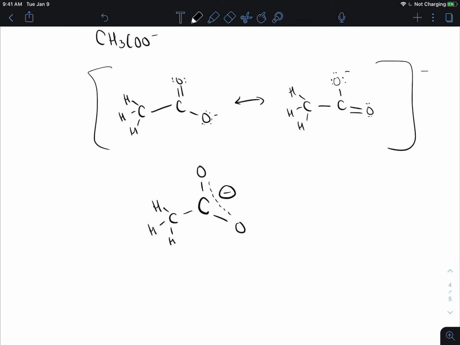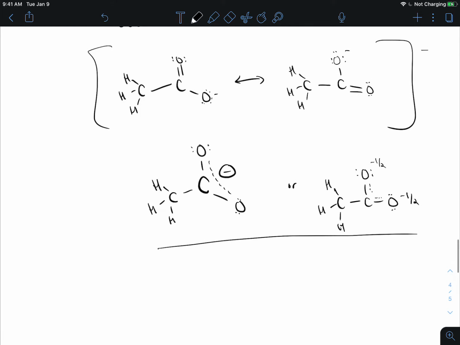Or you could write it as that. So these are our resonance hybrids for acetate.